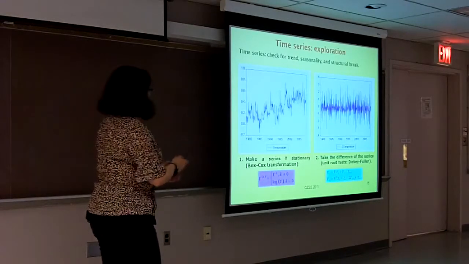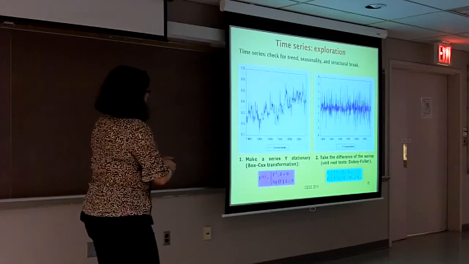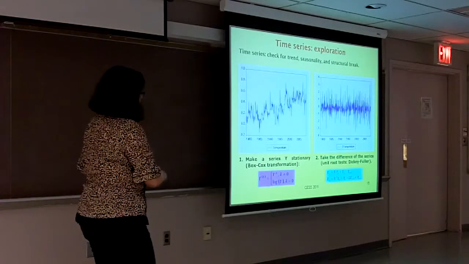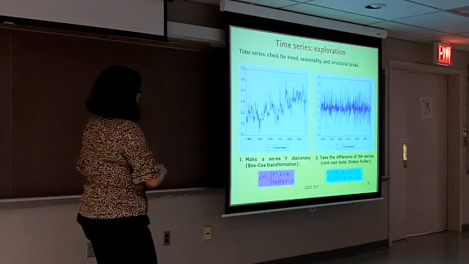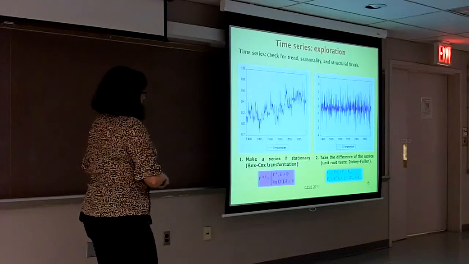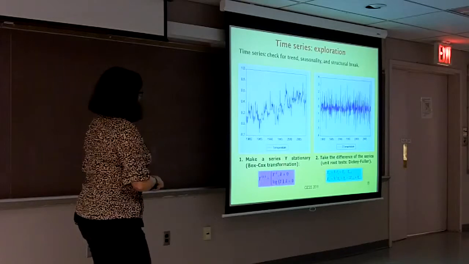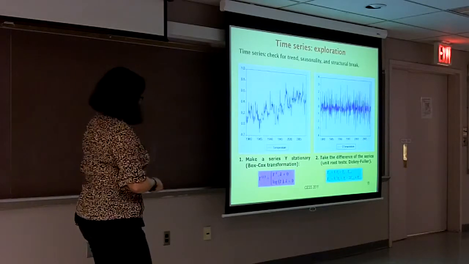So that's why you need to look for these types of things before. For example, if you have a plot like this that shows clearly a trend, my advice is that you should apply a Box-Cox transformation, like the one I'm showing here.